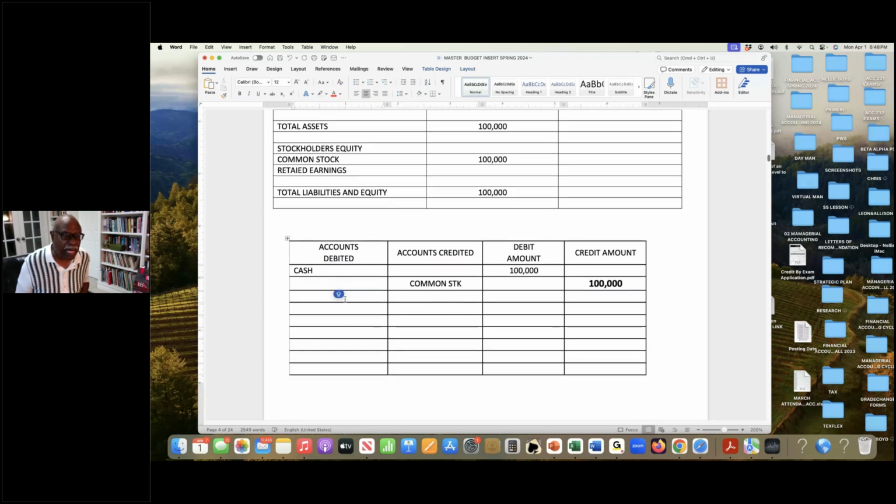Then we would make the sales entry, where we're going to debit cash and we're going to credit sales. And what's the amount going to be? 6 million.